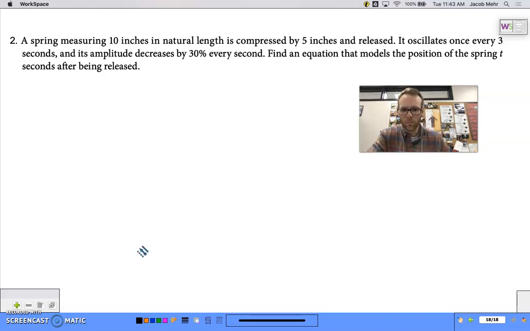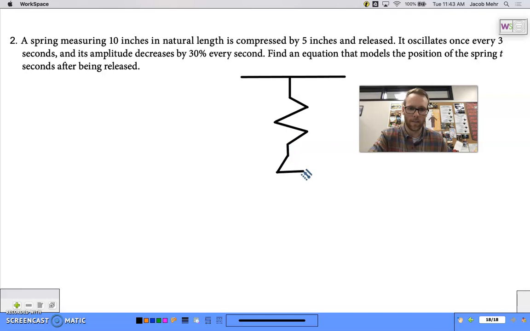Okay. So we've got our ceiling again. We've got our spring. And we've got this weight hanging here. All right, so the natural length before it's been stretched or compressed is going to be 10 inches.